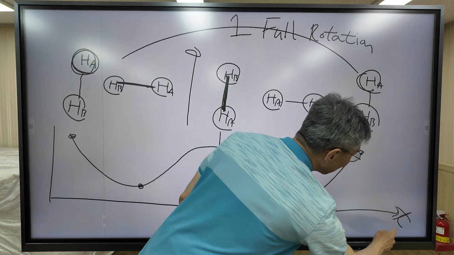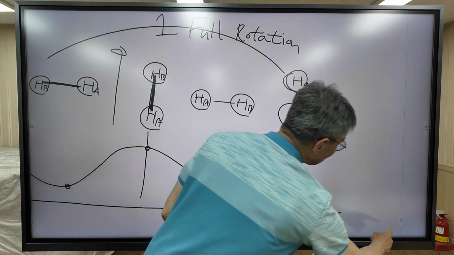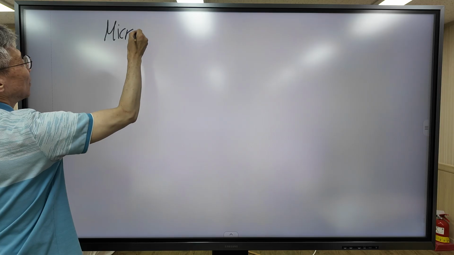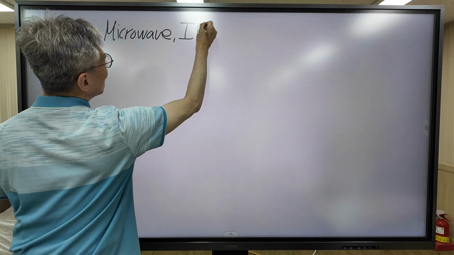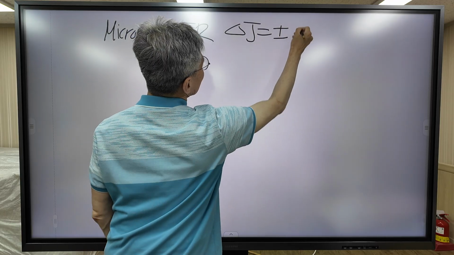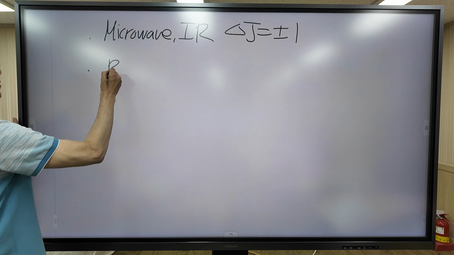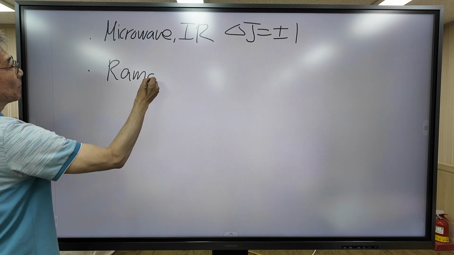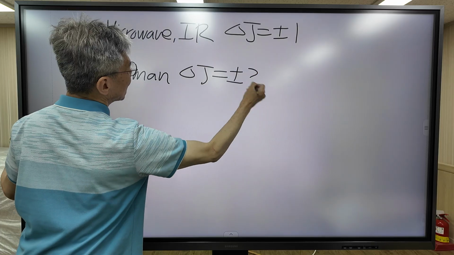For microwave and IR spectroscopy, you may remember the selection rule is delta J equal plus or minus 1. But for Raman spectroscopy, the selection rule changes to plus or minus 2.